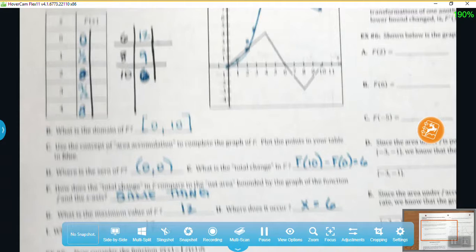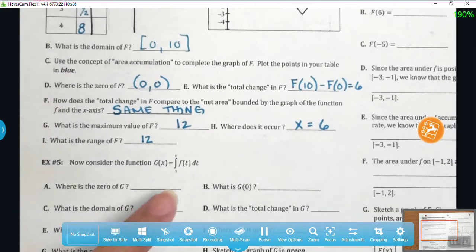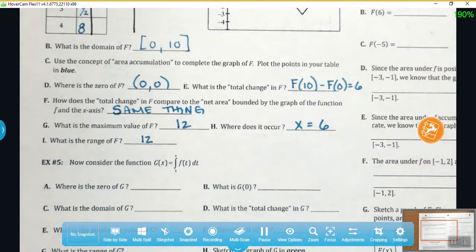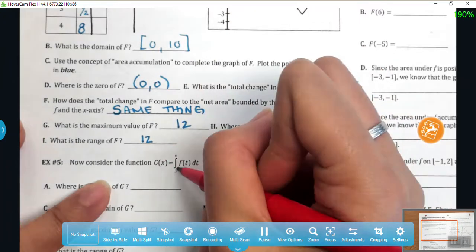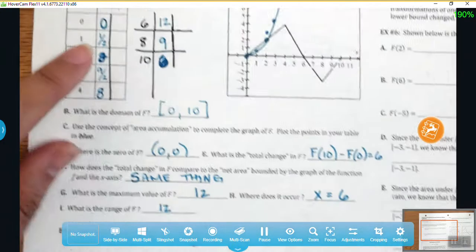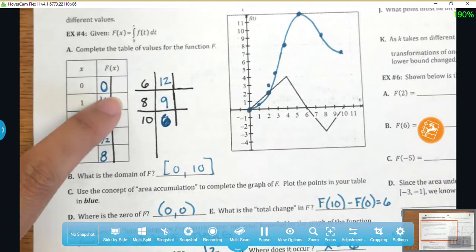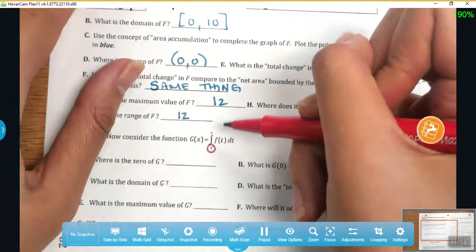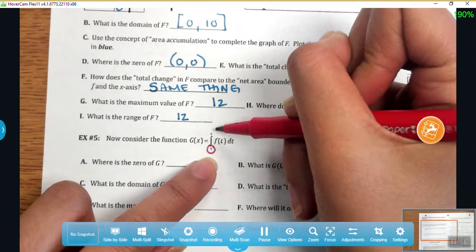Okay, now let's go to this, where instead I start at 3 instead of 0. So this is why I have you divide the table. How do I integrate? Because this one I'm going to integrate from 3 to 0.